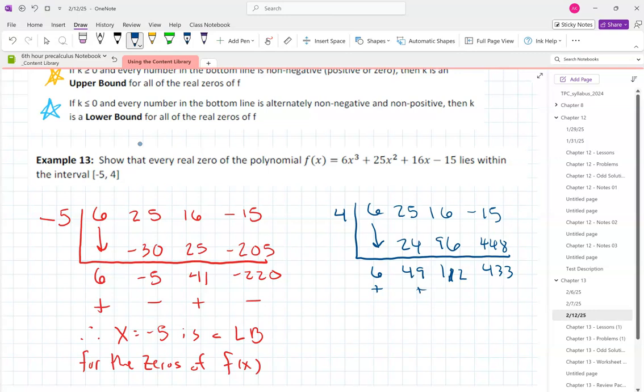And because these are all positives, I can say that x equals 4 is an upper bound for the zeros of f of x. And that's going to be simpler than actually finding all the solutions and showing that they're in between there, because all I need to do is 2 synthetic divisions.